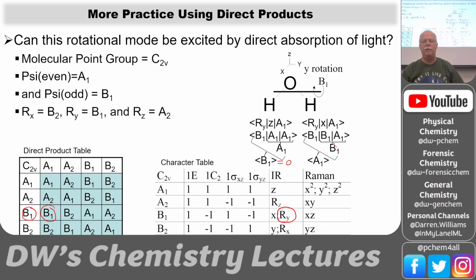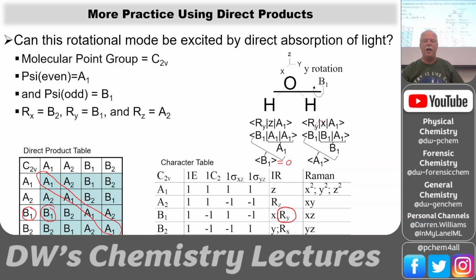So B1 times A1 is B1, and then B1 times B1 is A1. Notice the diagonal. See the diagonal is all A1s? So anything times itself. So if I have A2 times A2, I get A1. And if I have B1 times B1, I get A1. So that's a helpful thing.